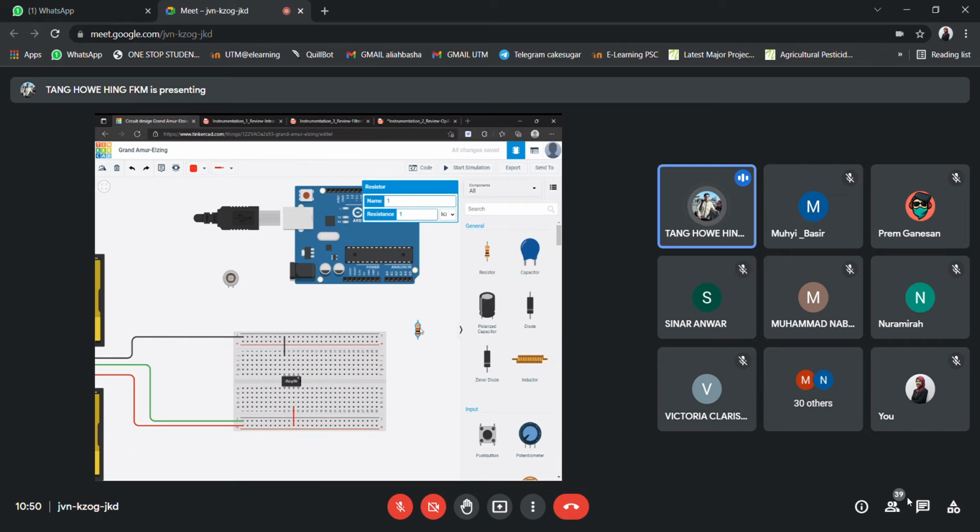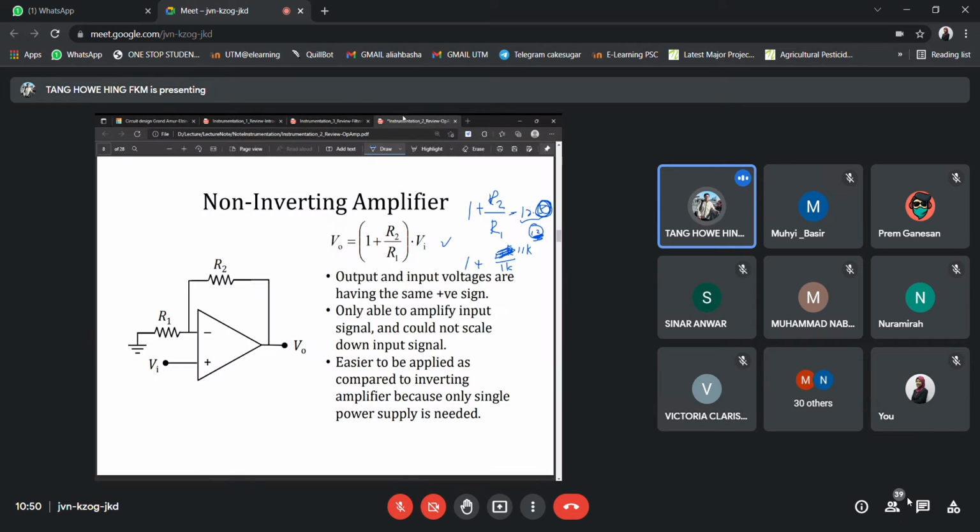These resistors are 1 kilo ohm, and then another resistor I want to be 11 kilo ohm. Okay, so this is 11 kilo ohm. And now I'm going to do the connections for this circuit. We can see that the output needs to go to the inverting input, and the R1 needs to go to the ground.